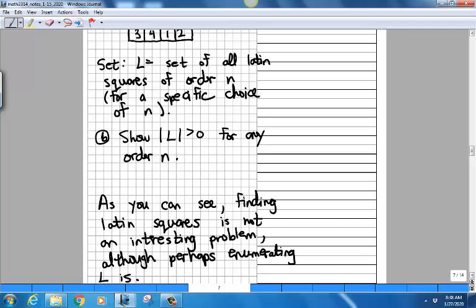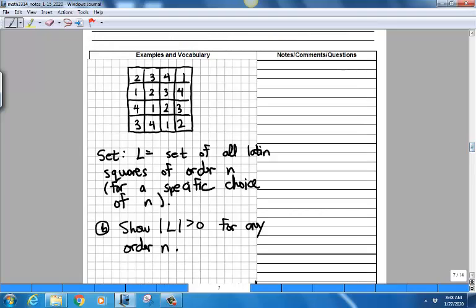Oh, by the way, I'm not sure if I'll mention this again, but it's useful when you're trying to count all possible Latin squares. A Latin square is said to be reduced if the first row and the first column are in the correct numerical order. But that's not a general requirement for a Latin square.